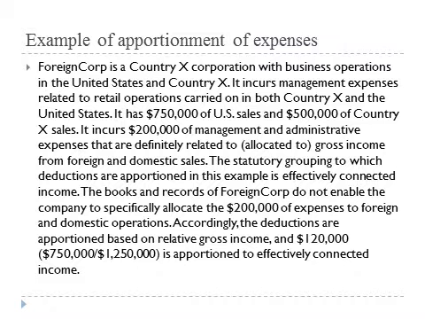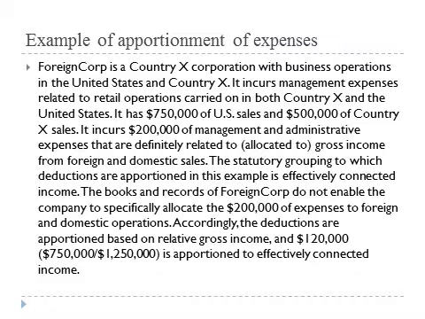It has $750,000 of U.S. sales and $500,000 of Country X sales. It incurs $200,000 of management and administrative expenses that are definitely related, that is, allocated to gross income from foreign and domestic sales. The statutory grouping to which deductions are apportioned in this example is effectively connected income.